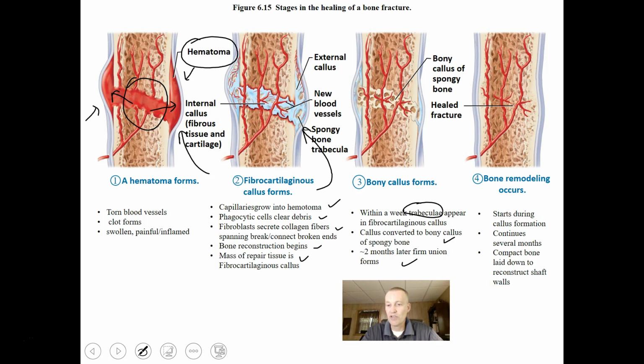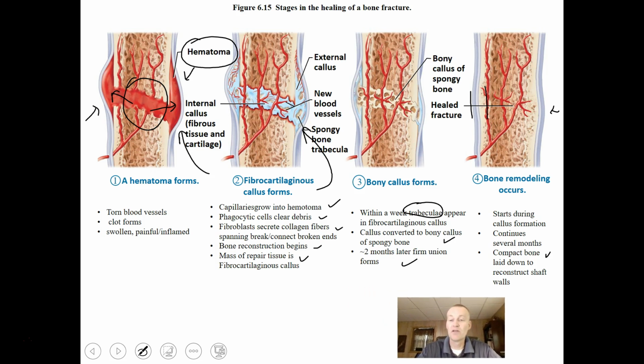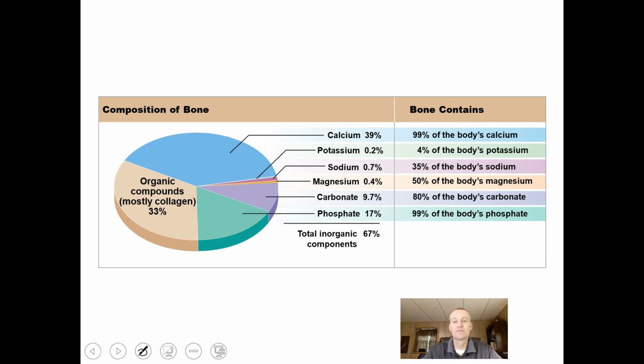And then eventually you will get compact bone that will be laid down on the sides. A lot of times the compact bone will be thicker than it originally was. So sometimes you can take an x-ray of a person and see if they have had a bone break by looking at a thickening of the compact bone in various bones.